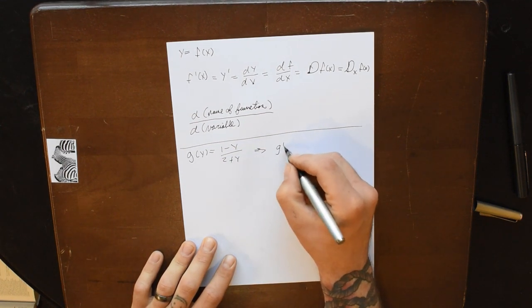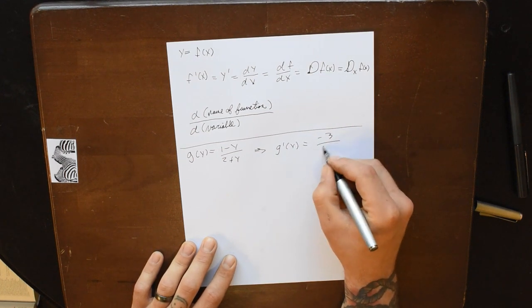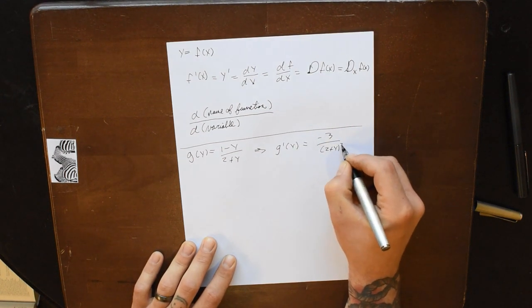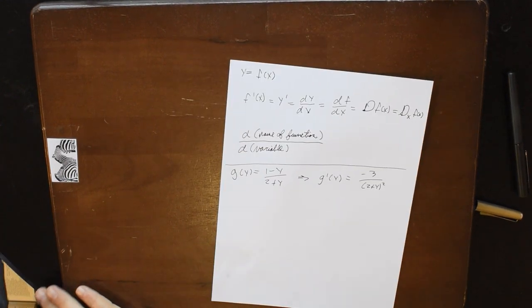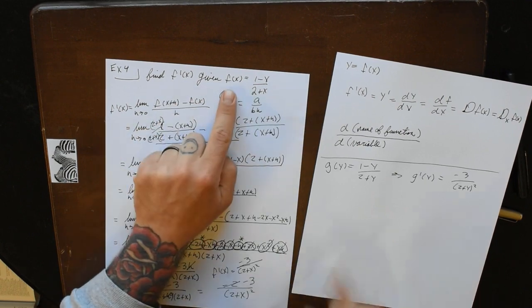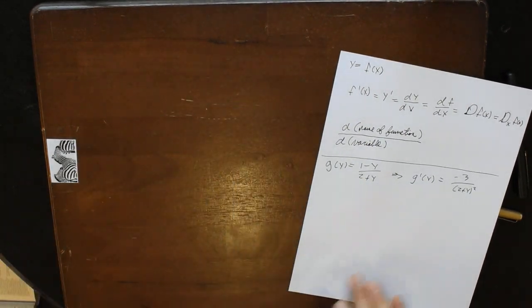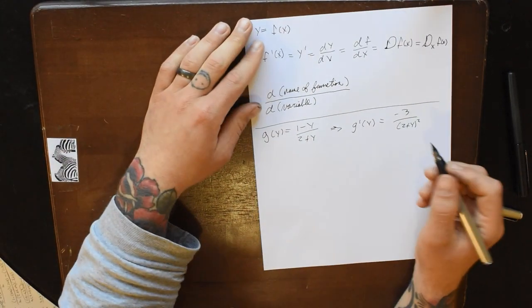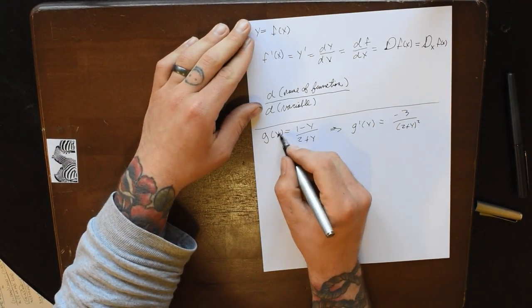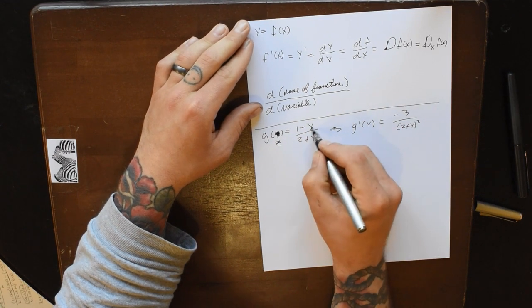We know that g prime of y would have been equal to negative 3 over 2 plus y squared. Same thing that we did over here. I just changed f to g, and I changed x's to y's. And probably y isn't the best one over here, so for the sake of argument I'm going to go through and make these z's.